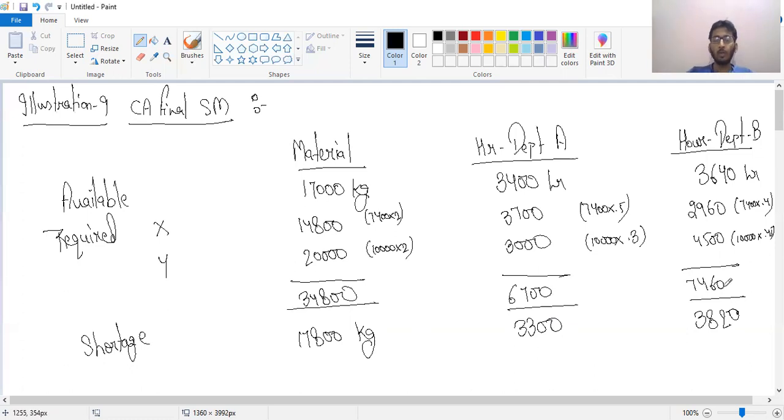So guys, what we have calculated is that for whatever the requirement was, in all these three factors we are available with less than what we require. I hope you are getting that. If I talk about the material, I require total 34,800 kg to fulfill my sale potential, but I am available with only 17,000 kg.